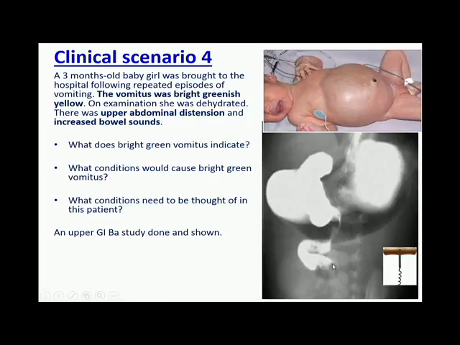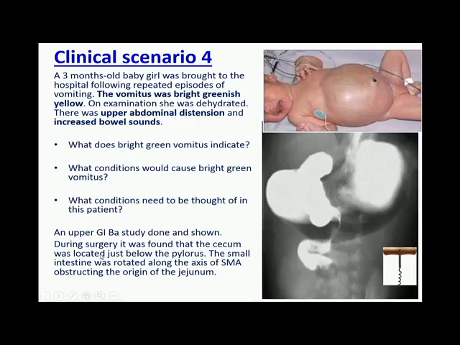Now it can probably appear in the jejunal loop as well. This kind of appearance is called the corkscrew appearance. The tiny part here is where the obstruction is, very small and narrow, and then everything accumulates and gives rise to this appearance. So it's called the corkscrew appearance.